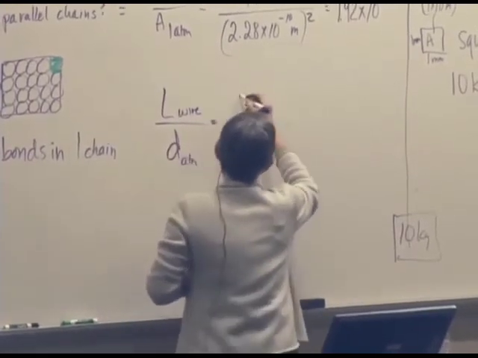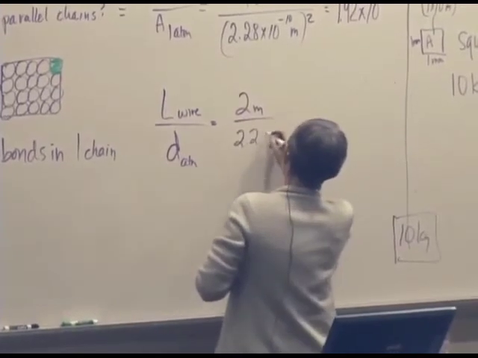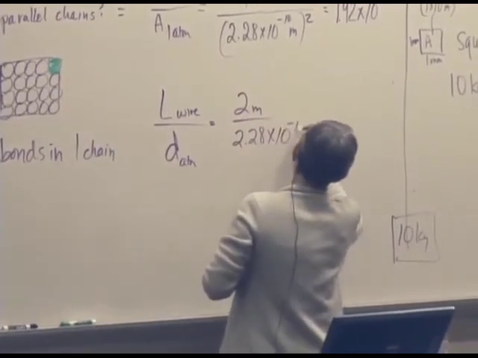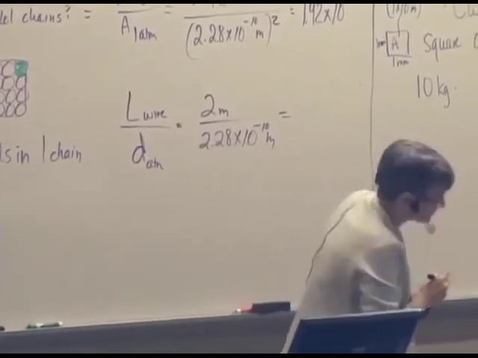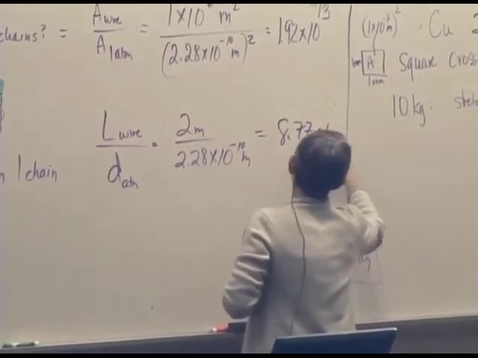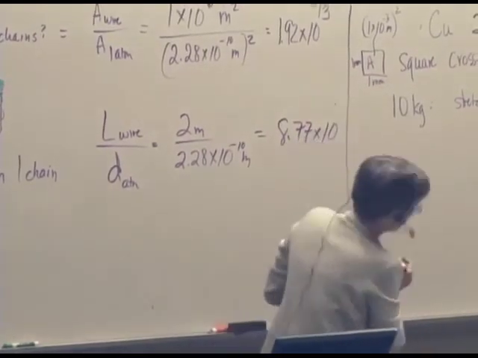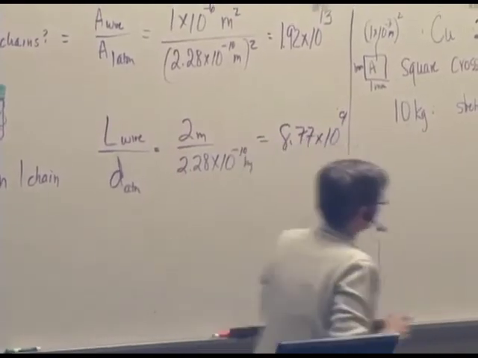So we've got 2 meters divided by 2.28 times 10 to the negative 10th meters. And so that's going to come out to 8.77 times 10 to the 9th bonds in one chain.